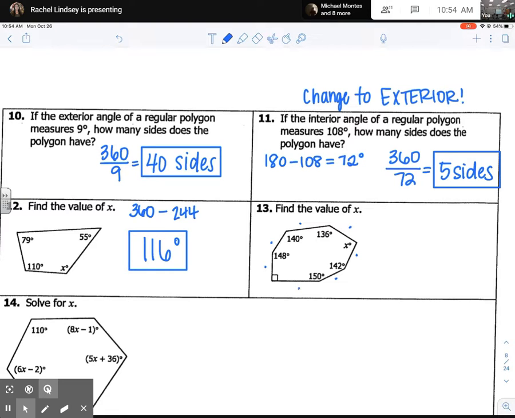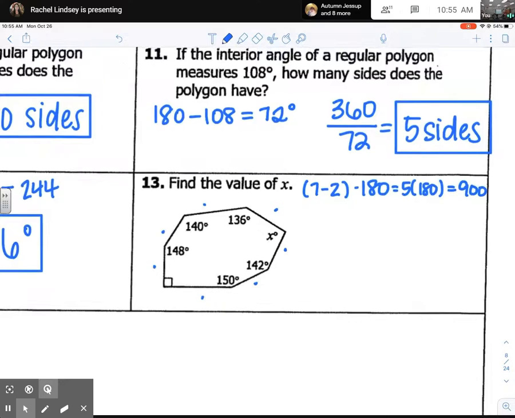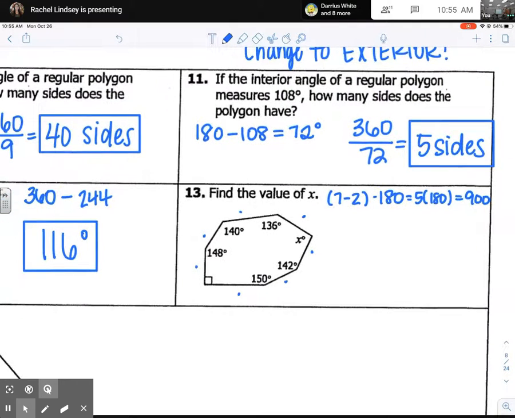Okay, how many sides does this next shape have? 7. So 7 minus 2 times 180 is 5 times 180, and that's 900. So all of those angles add to equal 900. We're going to do 900 minus the sum of all those angles. Remember, that's a right angle, so it's 90.